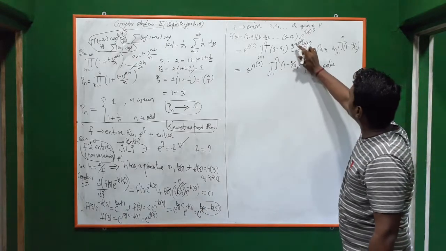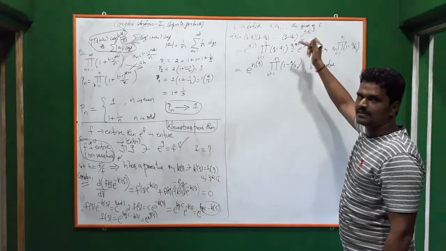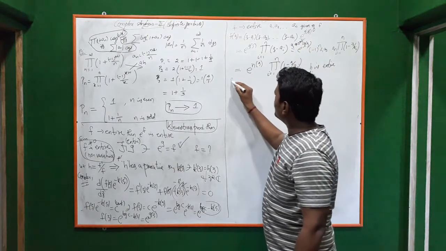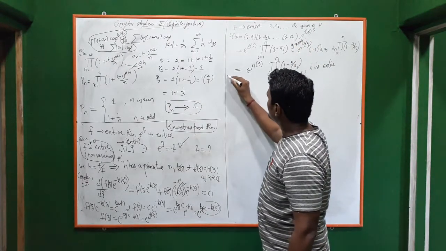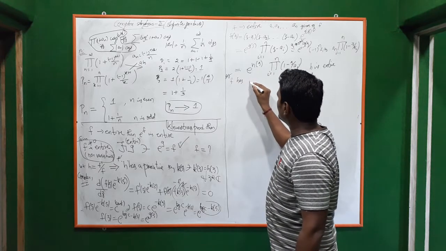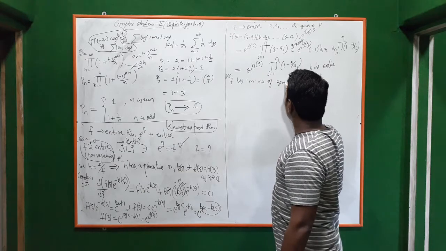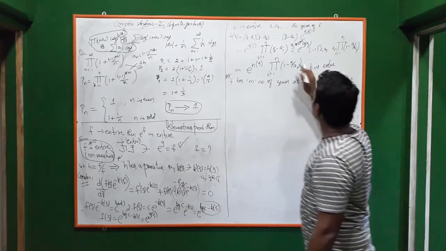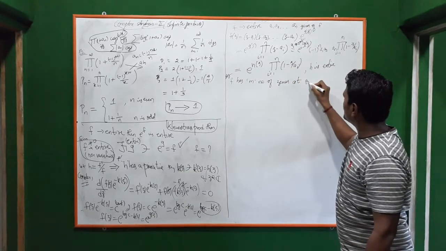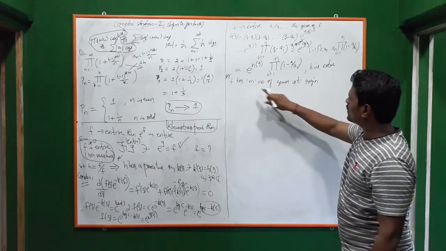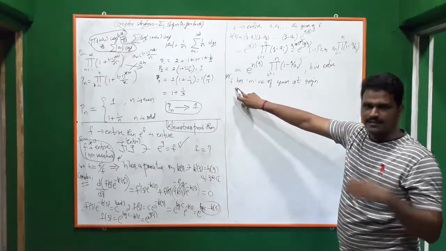Till this we have written this. Now here ai's are not equal to 0, correct? If it is 0, suppose f has m number of zeros at the origin. Then f has zeros at 0 itself.